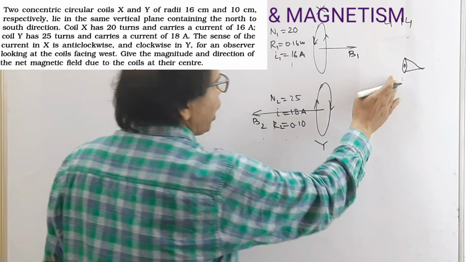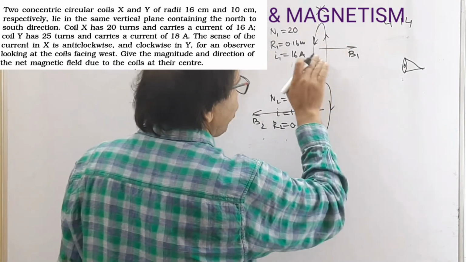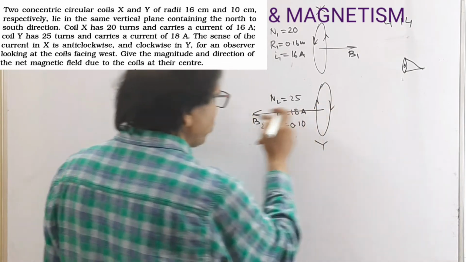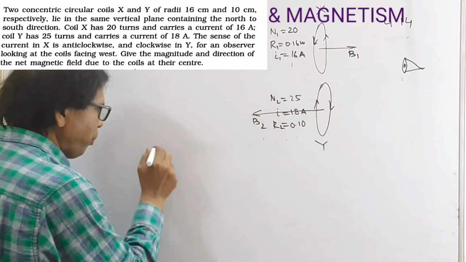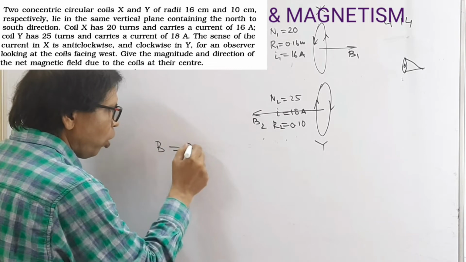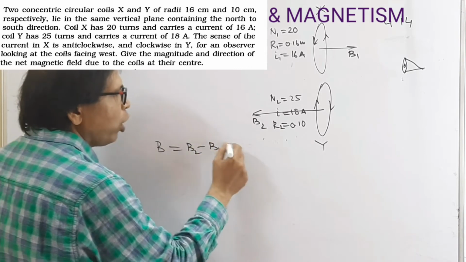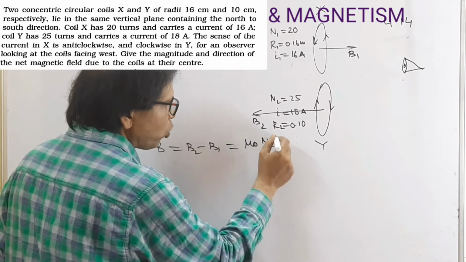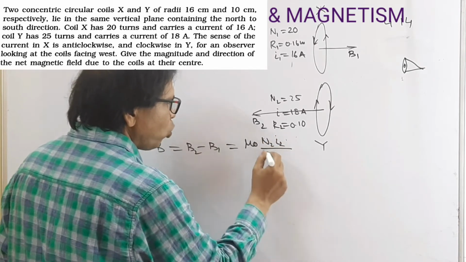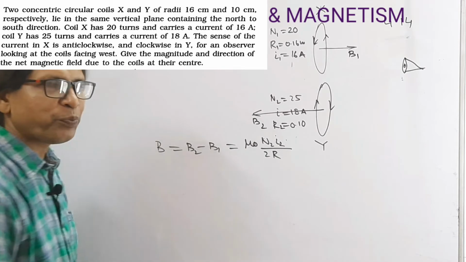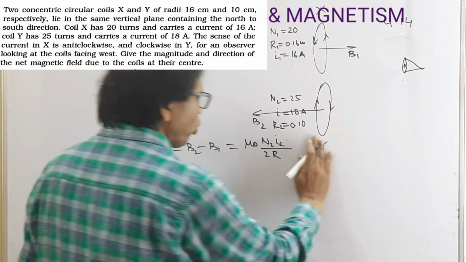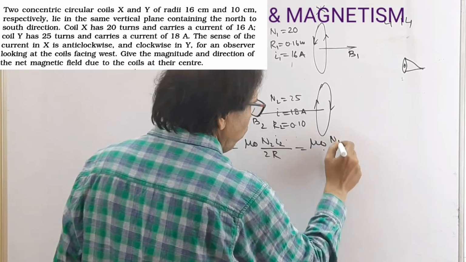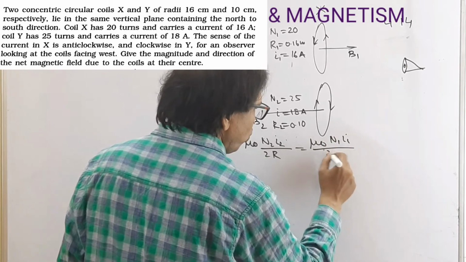Now for this observer, the magnetic field of this coil is directed towards east, and for this coil is directed towards west. So the net magnetic field B is equal to B2 minus B1. So B2 equals mu naught N2 I2 divided by 2R2, okay. And due to this coil, this is mu naught N1 I1 by 2R1.